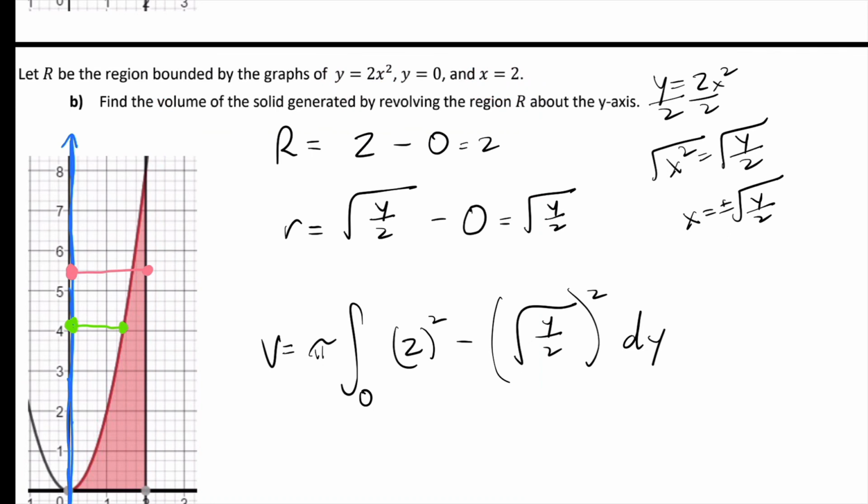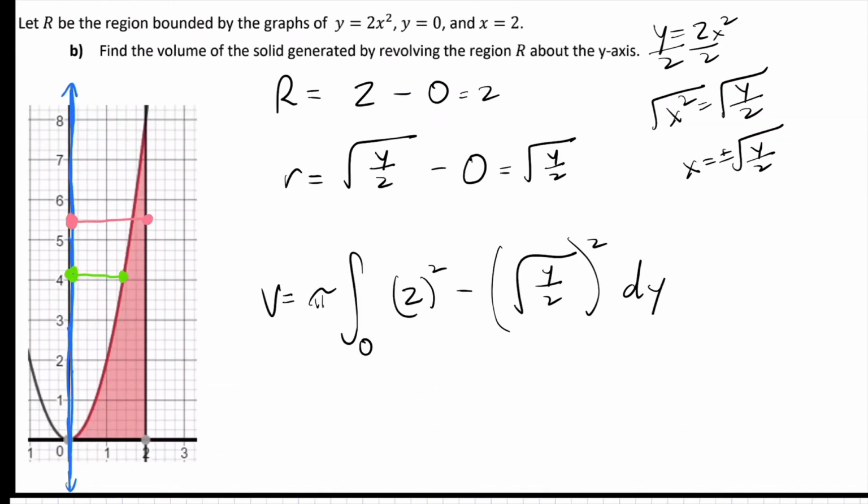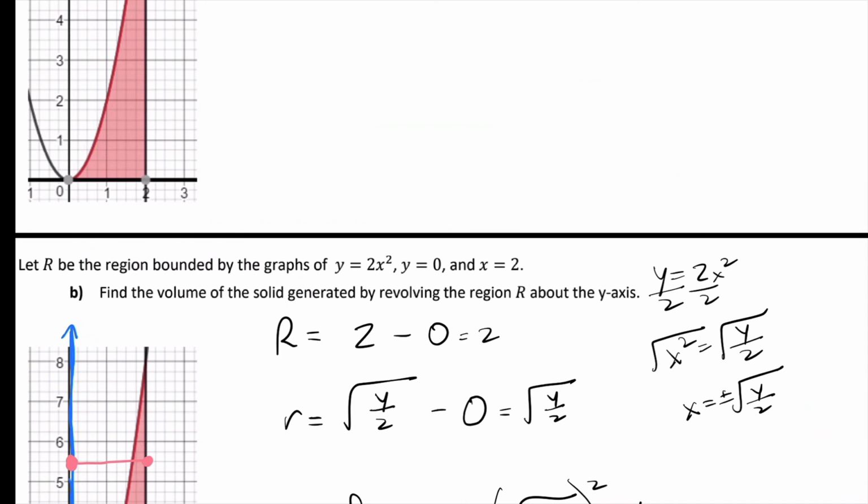So what I would have to do is plug in this guy here. I would say, where is this guy equal to that? So I would set up like this, and solve for y. Square it.